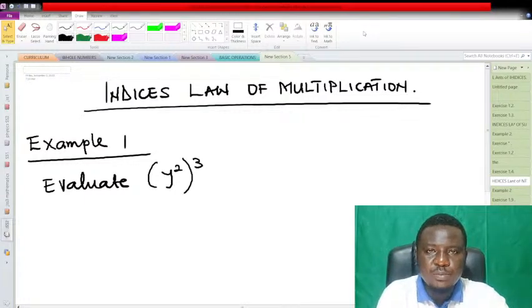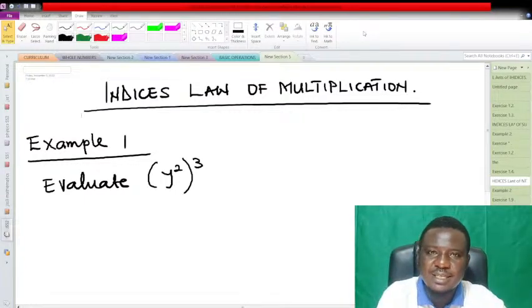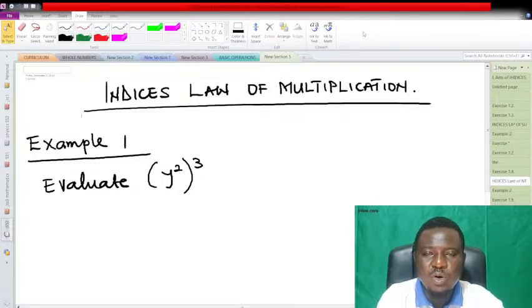Okay, Sarah, welcome to today's class. Today's class will be a continuation of our previous classes on laws of indices. In our previous classes, we have looked at 2 of the laws of indices. I've probably introduced indices to you, and we're now looking at the laws of indices.